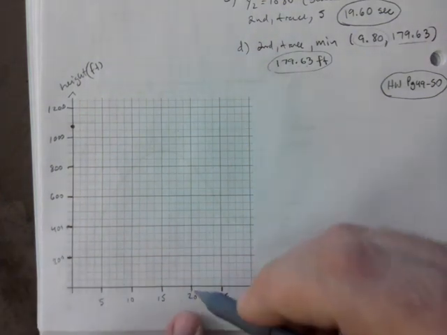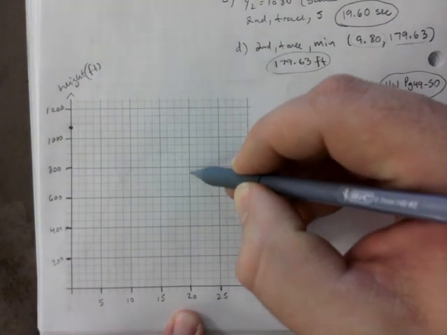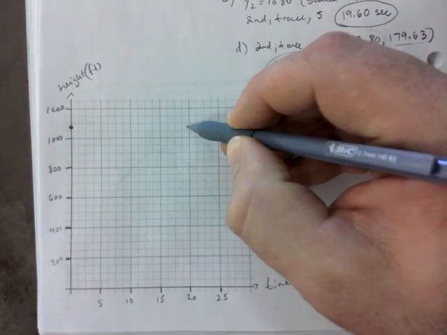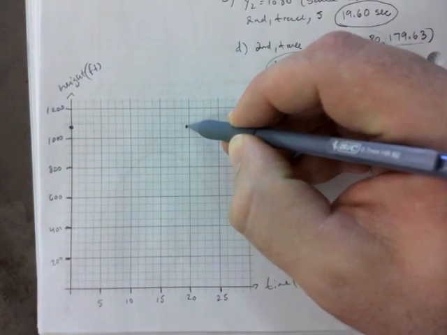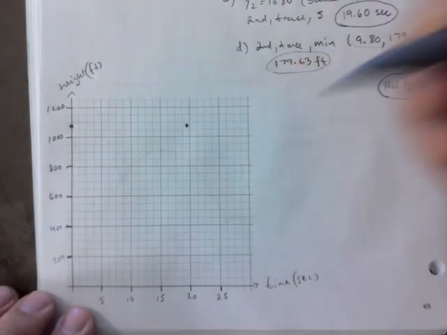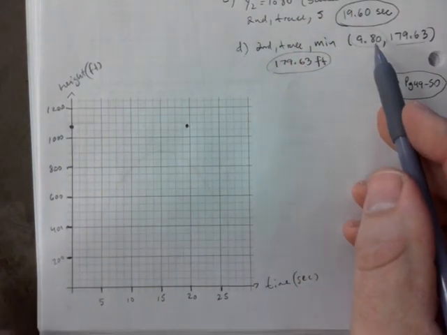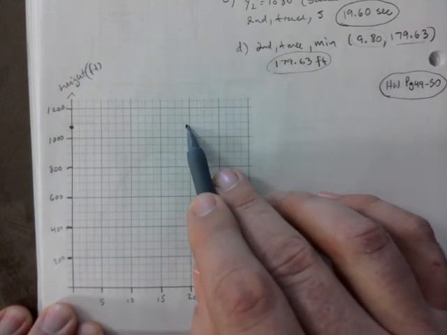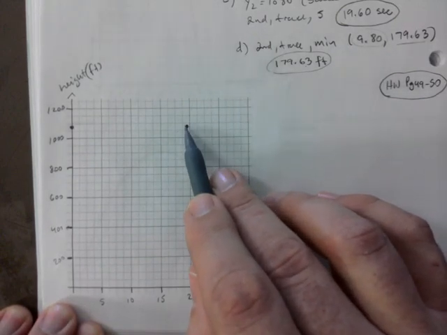At 19.6, that's about in the 20 mark here, I come back to that height. So I'm just going to be a little bit in like that. So that's that. And then the vertex, right? You do have the vertex, you have the intercept, and you found a third point here. This is always a go-to.